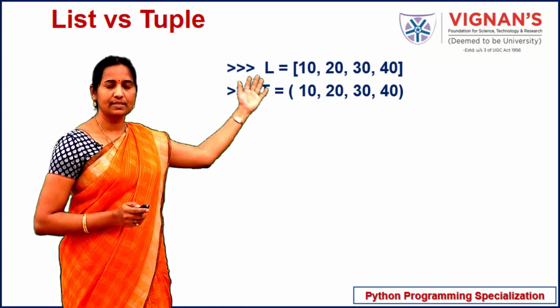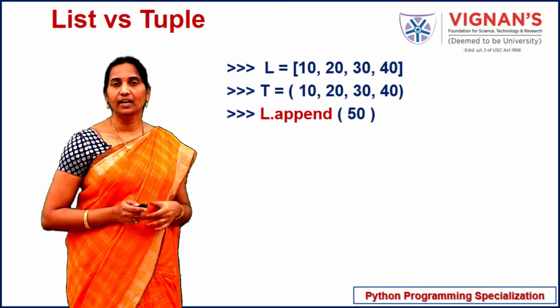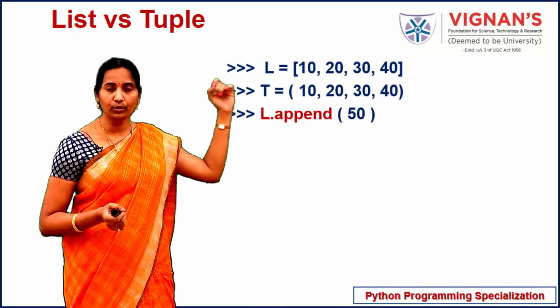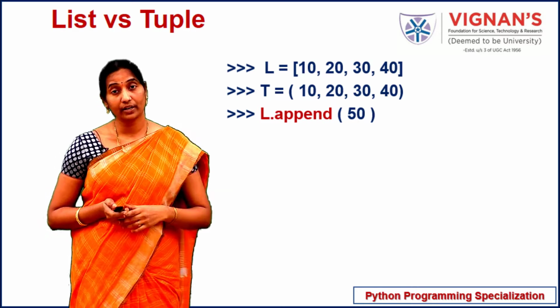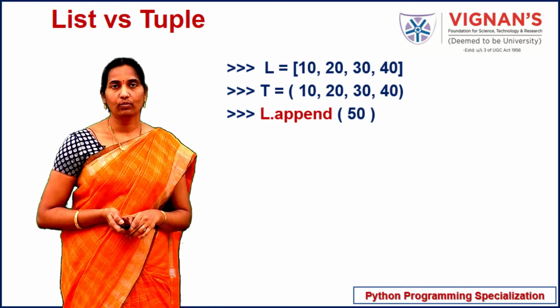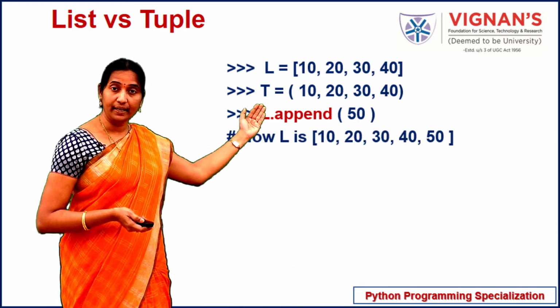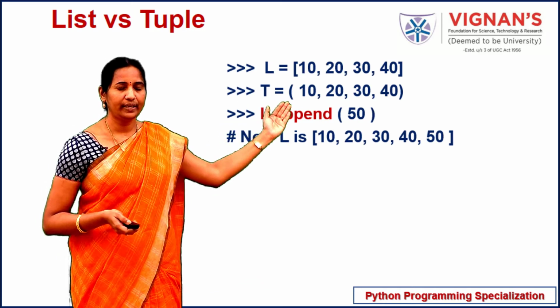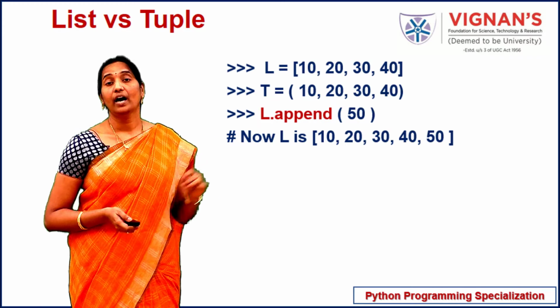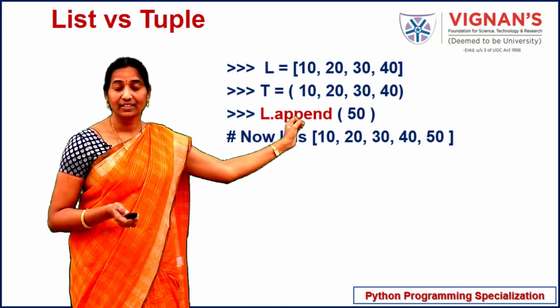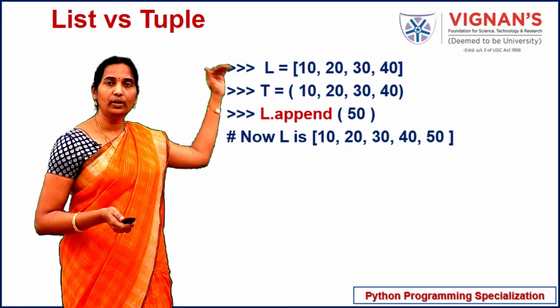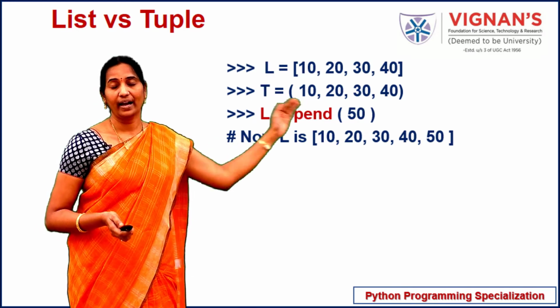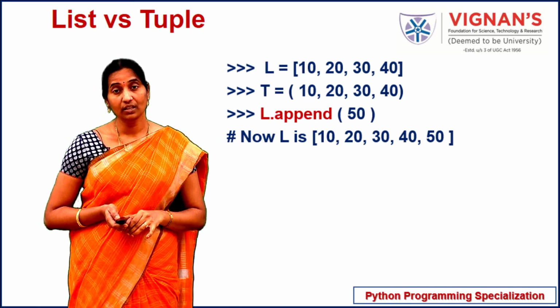Here, to the list L, I am adding a new element by calling L.append(50). After executing this statement, L becomes 10, 20, 30, 40, 50. That is, a new element is added to the list L. Earlier only 4 elements were there, now you have a new element 50 appended.